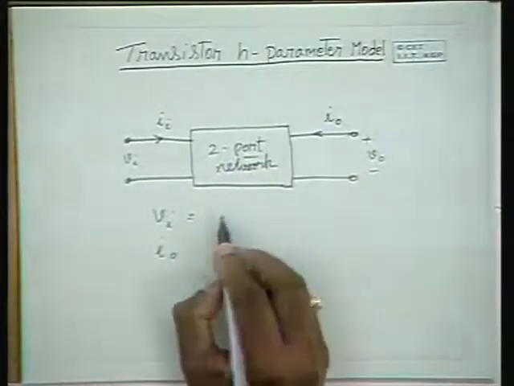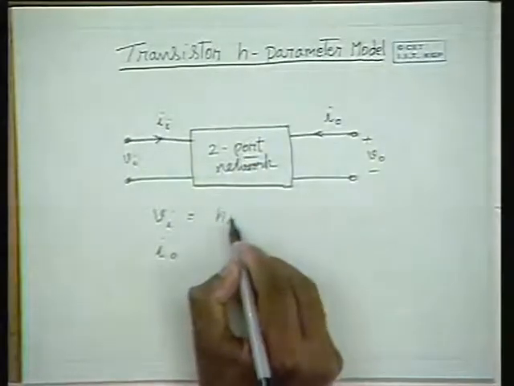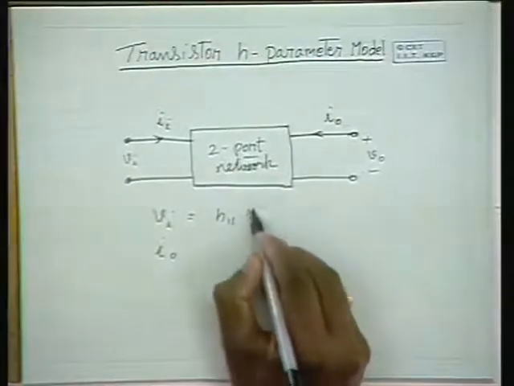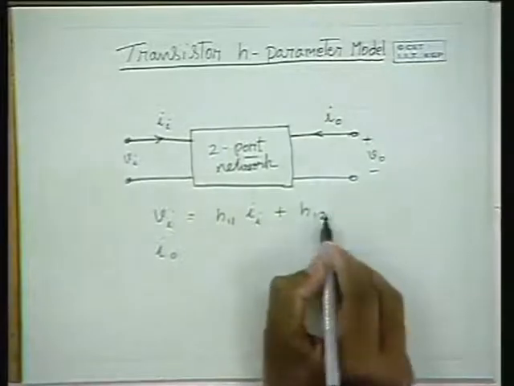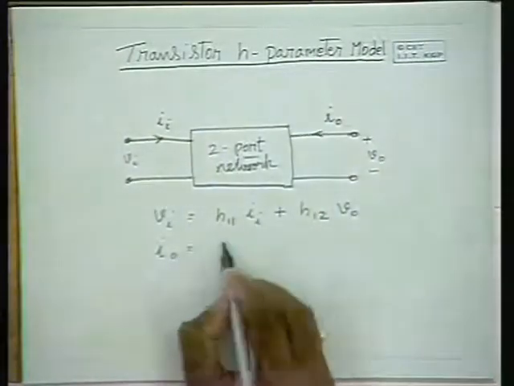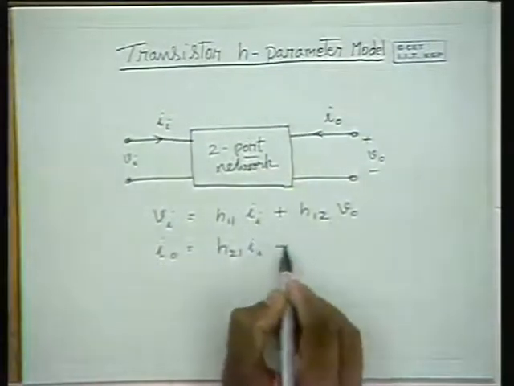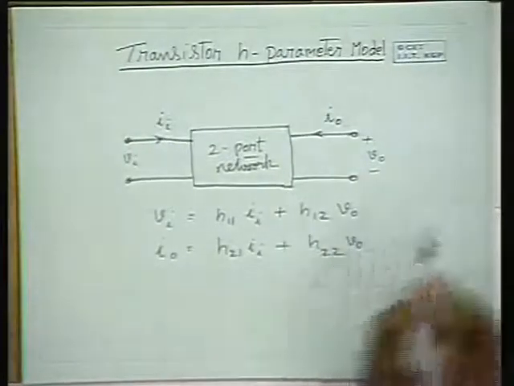For example, this Vi can be expressed as some proportionality constant H11 times Ii plus H12 times V0, and I0 is H21 times Ii plus H22 times V0.